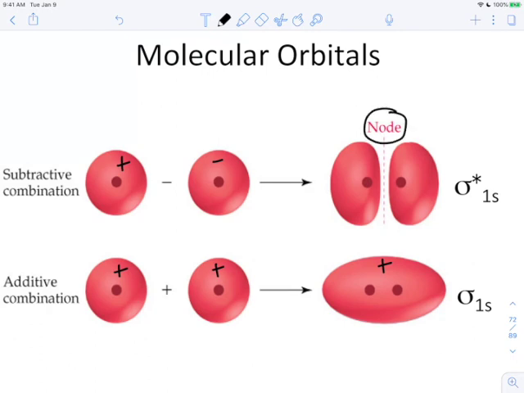And that node is the area of zero electron density. So what it's saying is there should be no electrons between the two nuclei. So when you're putting electrons into the subtractive combination, into the anti-bond, you are effectively breaking that chemical bond because here there can be no electrons between the nuclei. So that's essentially the difference between the bonding orbital and what we call the anti-bonding orbital.